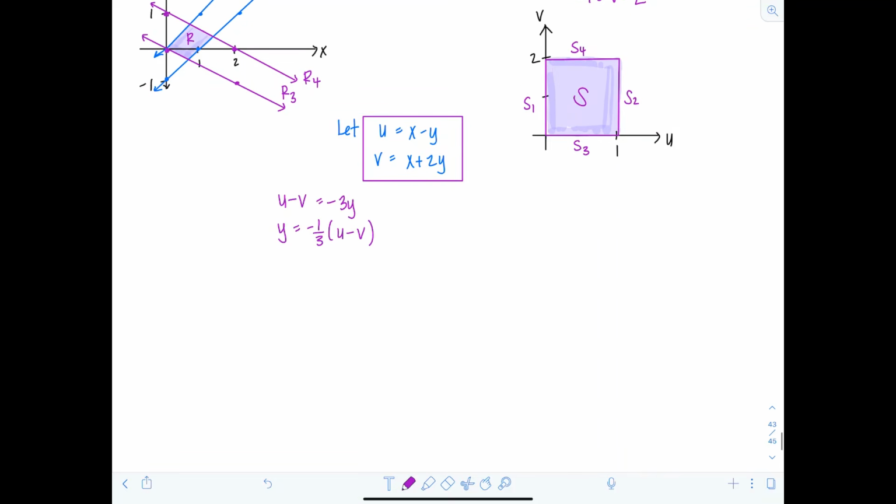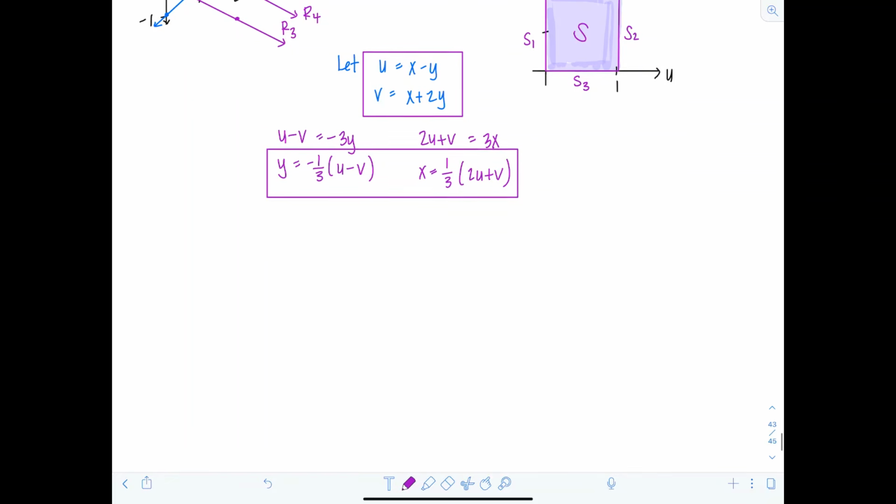And then if I want to eliminate y, let's double the first equation. So 2u plus v. Okay, y is going to be gone. I'll have a 3x left over. So that means x is equal to 1/3 times 2u plus v. All right, save these. We need them for the Jacobian as well as for the integral, yeah?